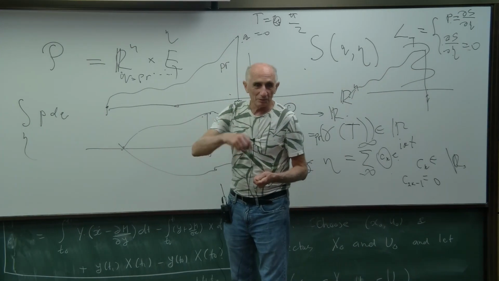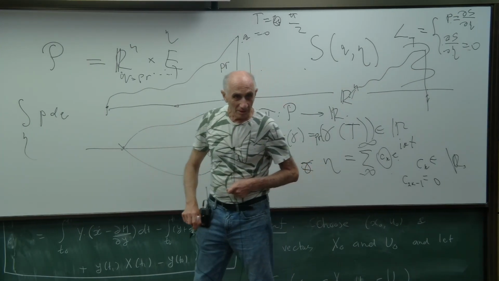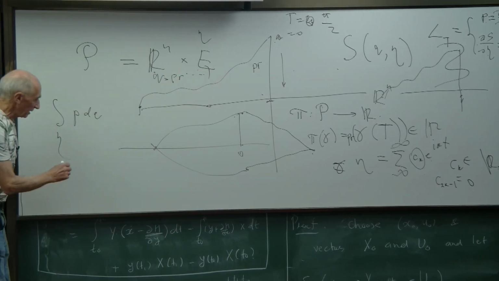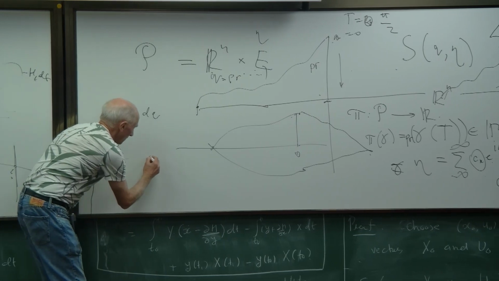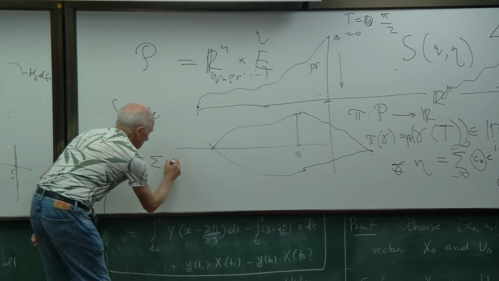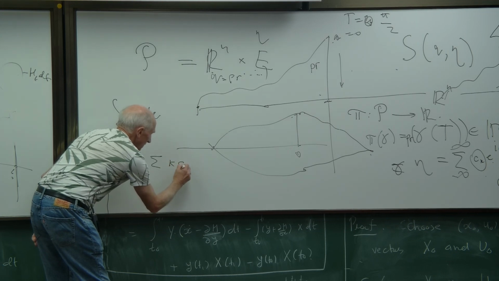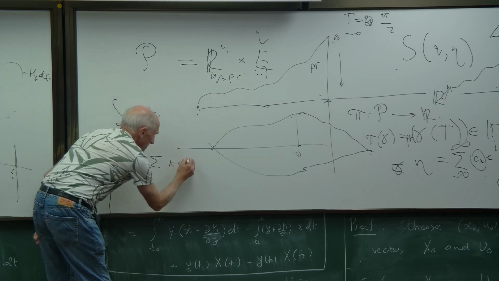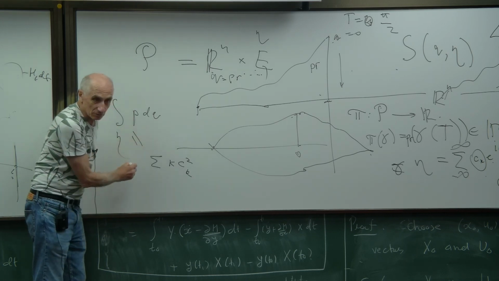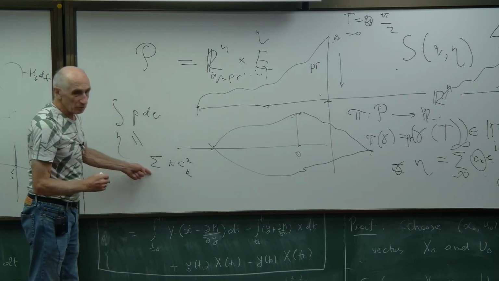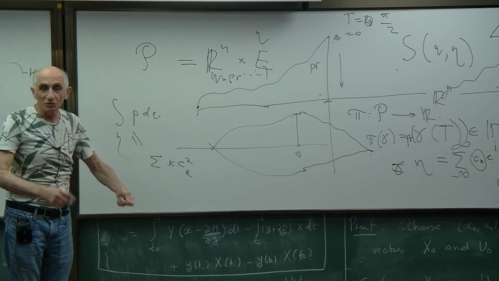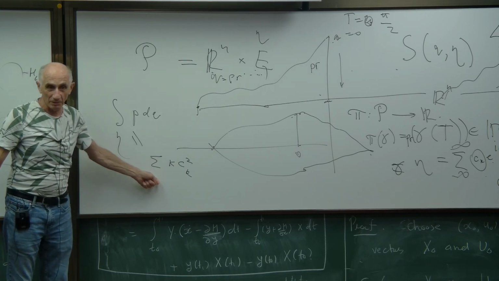This is just computing an area, which is easy. You do this computation, and if I'm not mistaken, you get the sum of k c_k squared. So you get precisely an indefinite but non-degenerate quadratic form.